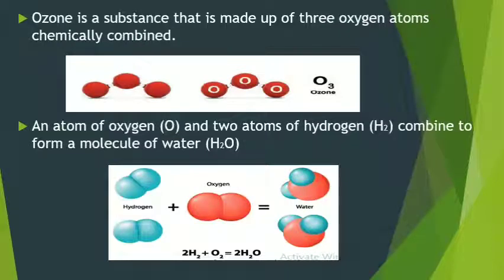How water is formed is that whenever an atom of oxygen, that is O, chemically combines with two atoms of hydrogen, it will form a water molecule. It doesn't mean that the same kind of atoms should mingle with each other.